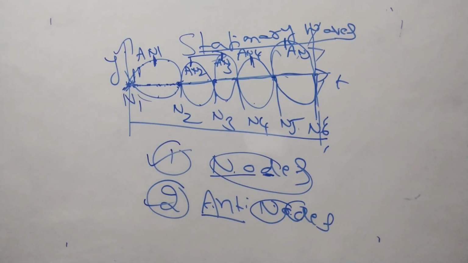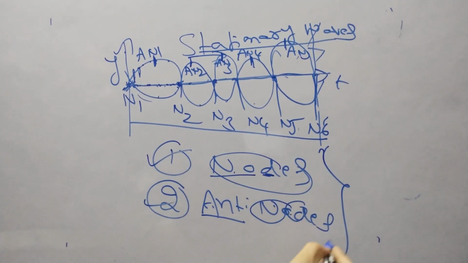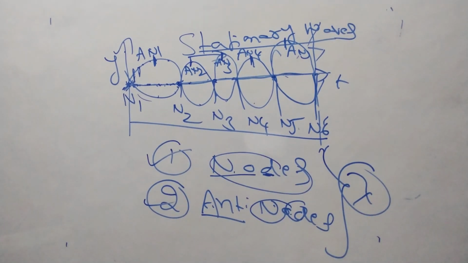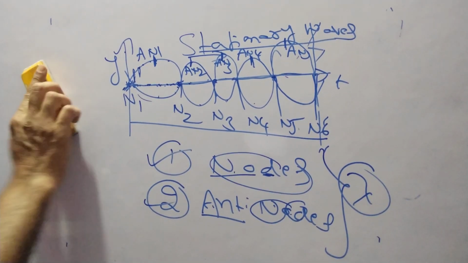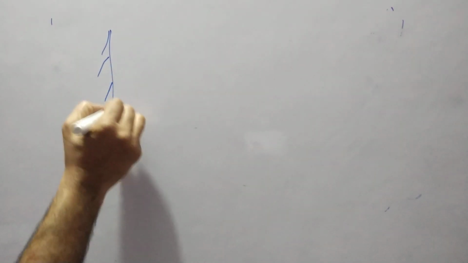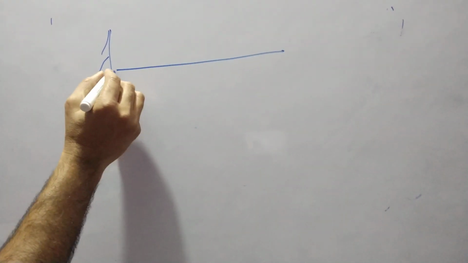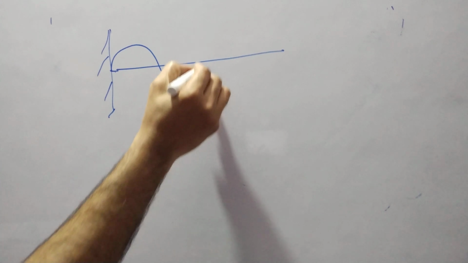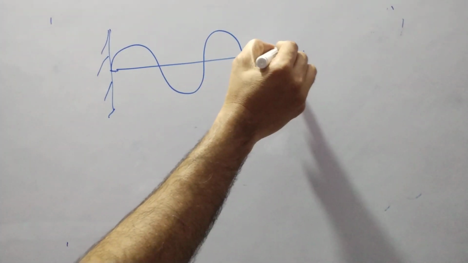Now we have to get the nodes and antinodes values in terms of lambda, that is wavelength. So that is important here. Suppose this is the wave I am taking.